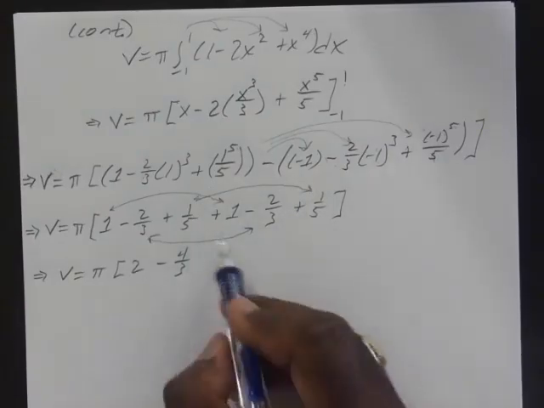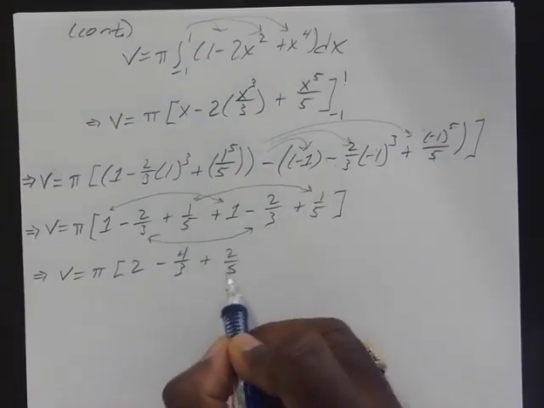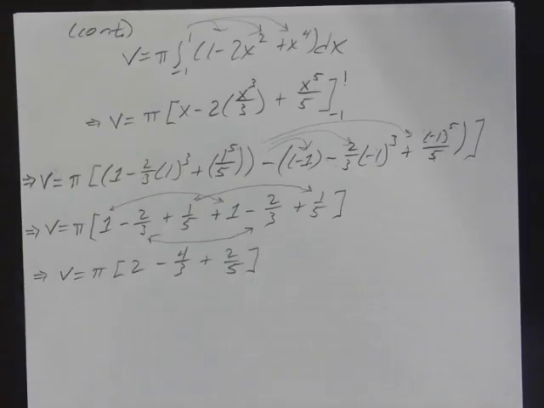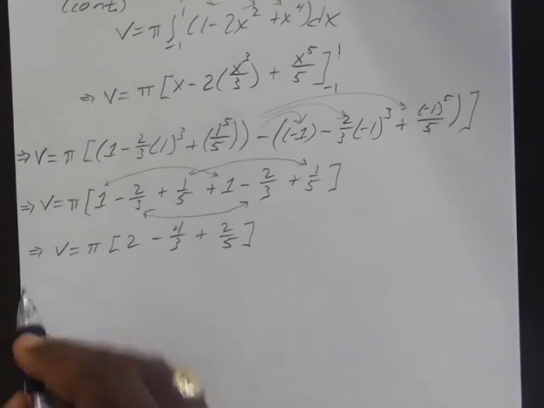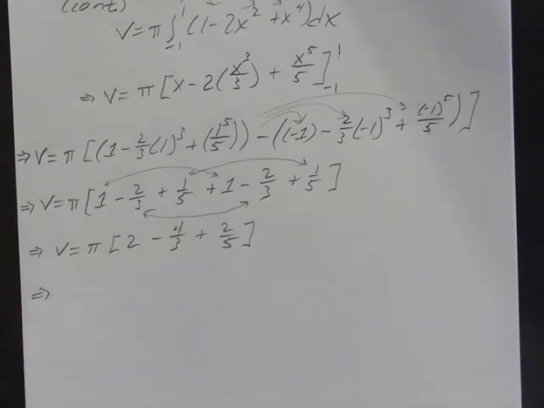Plus 2/5. And if they're asking for the exact answer, then you can go ahead and just go through it. If they're asking for a decimal approximation, you can just plug those in and go from there. But let's give us the exact answer.